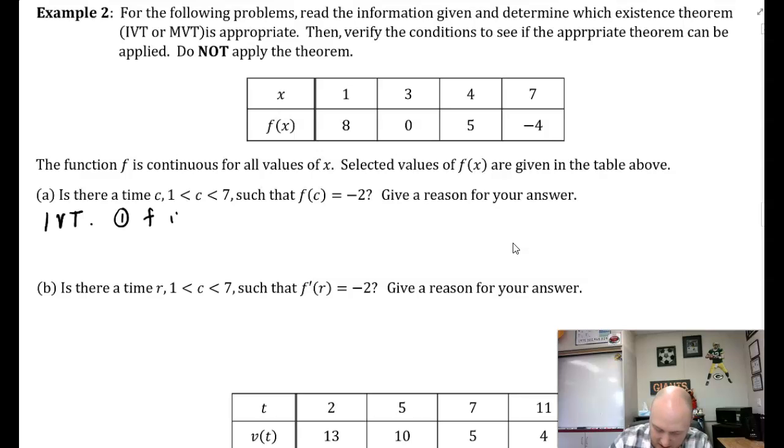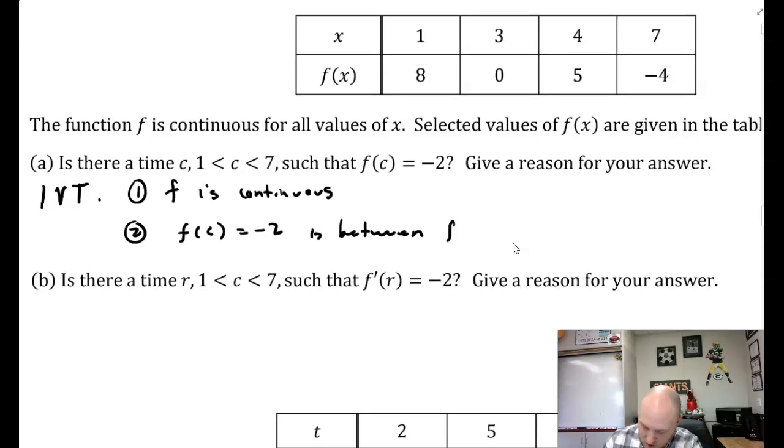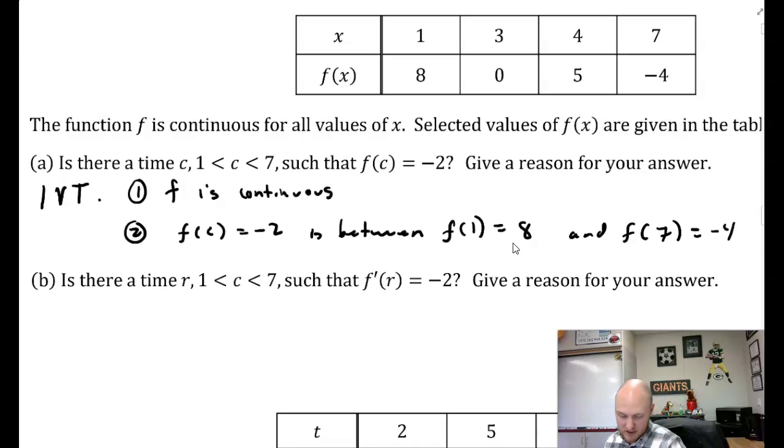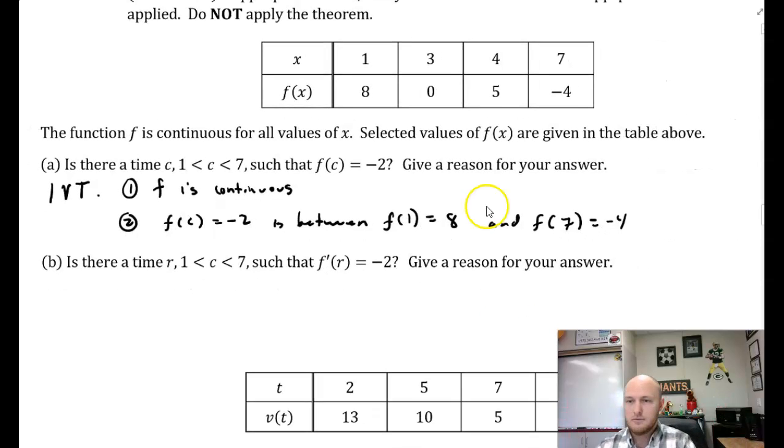They say f is continuous. That's good. Condition number 2. We want our k value, -2. We want f of c to equal -2, and -2 is between our function values f of 1, which is 8, and f of 7, which is -4. And is it between? Yes! There we go. Yes, we can apply it.